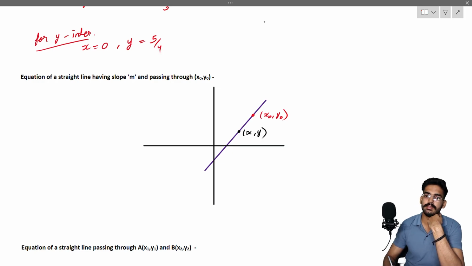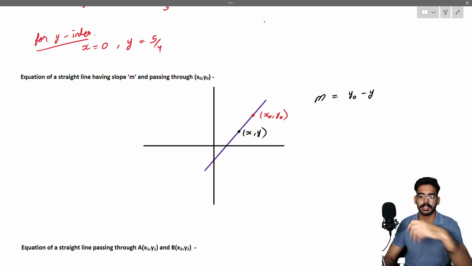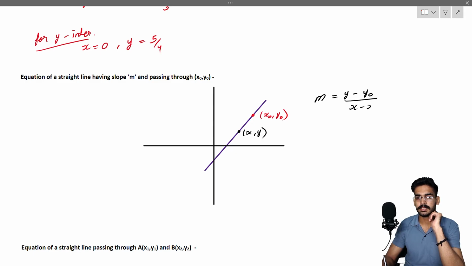We want to find the relation between the x and y coordinates, right? Now we know by these 2 points, this is the general point. So m, the slope, is equal to, if I consider this as the second point, (y minus y naught) divided by (x minus x naught), right? If 2 points are given, this is the slope.